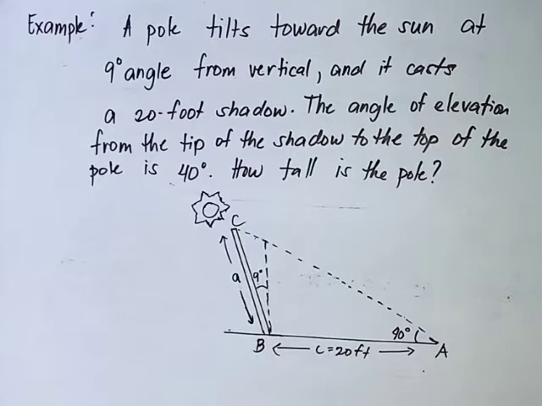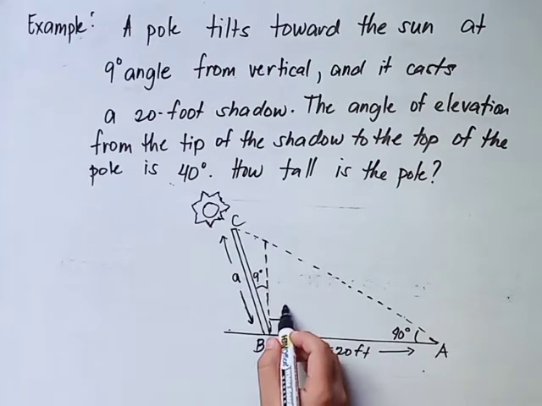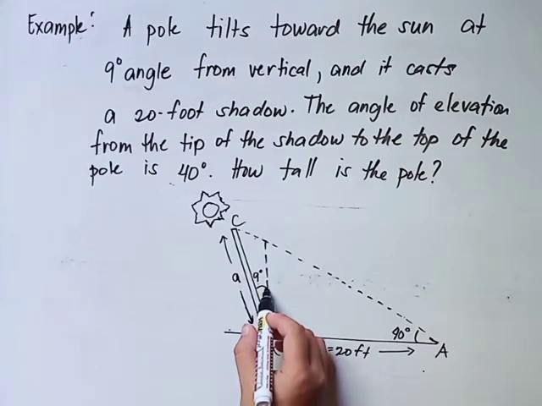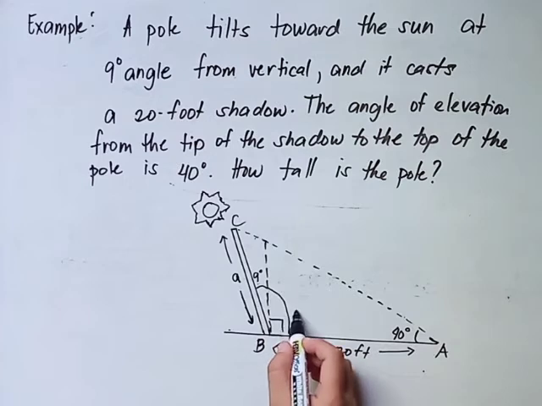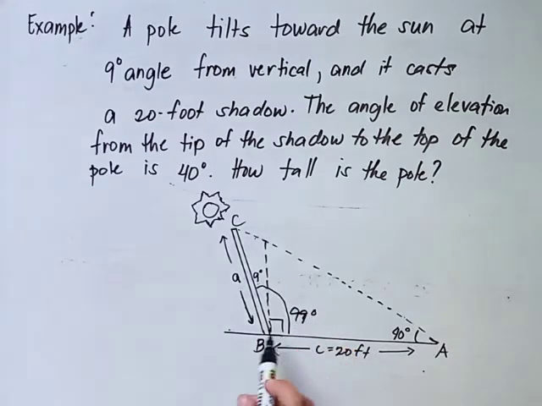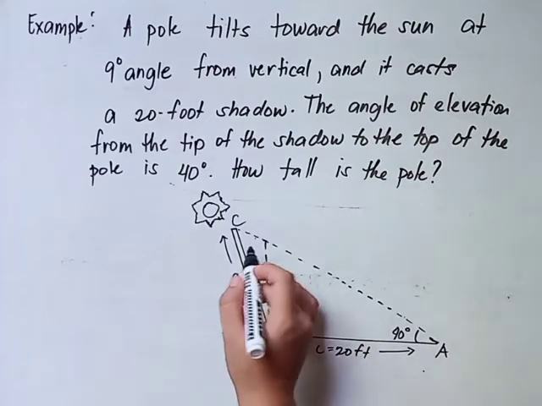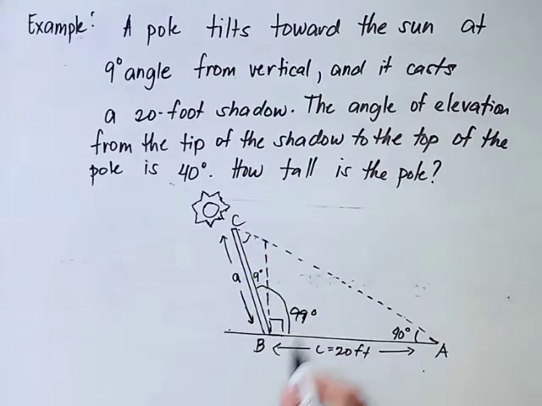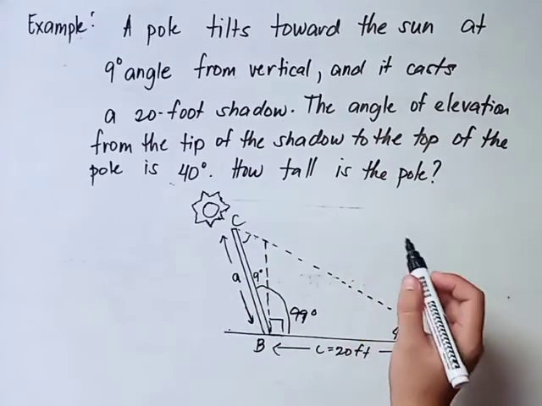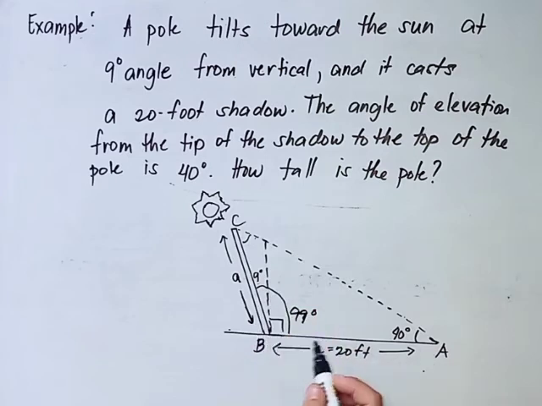let us find the other angles of this triangle. So we know that this angle is a right angle, so this is 90 degrees. Therefore, this whole angle is 99 degrees. If this is 99 degrees and this is 40 degrees, then what would be the measurement of this angle? We know that this is a triangle, so the measurement of the interior angles is equal to 180 degrees.